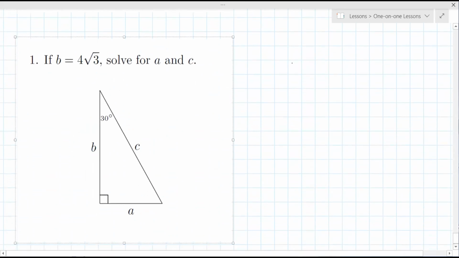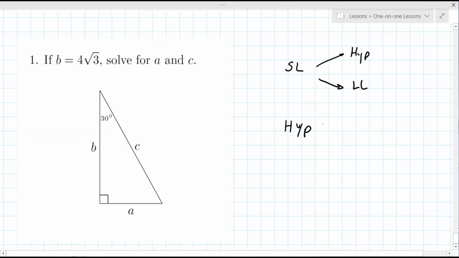If I give you the short leg, you find the hypotenuse, and then generally find the long leg. Then we did problems where I gave you the hypotenuse, and you find the short leg to find the long leg. And this last set of questions is where I give you the long leg, you first find the short leg and then the hypotenuse.